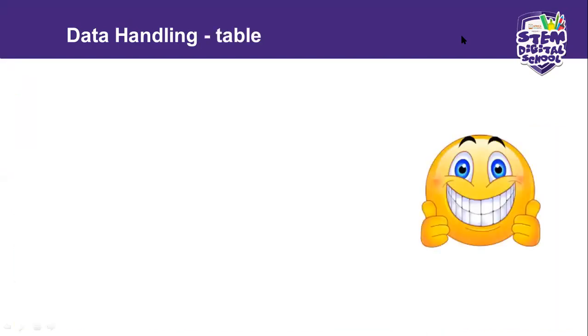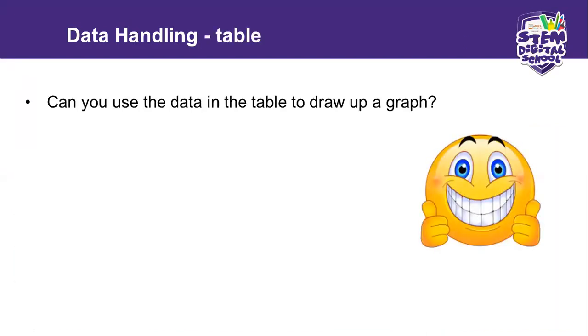Okay, there's our table. We said that we can use data in a table to draw up a graph. There are different forms of tables. You know, even a menu is also a table, and a menu gives you information.